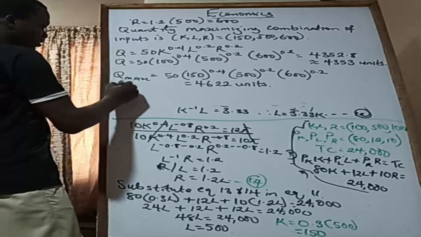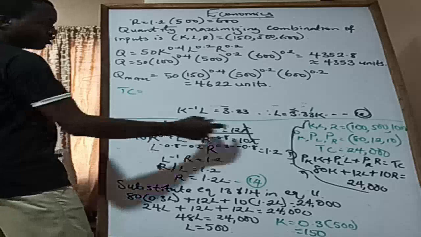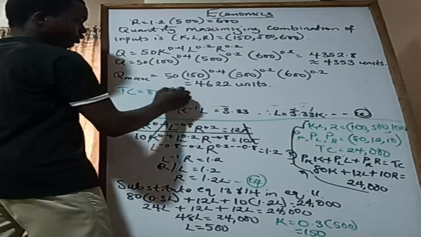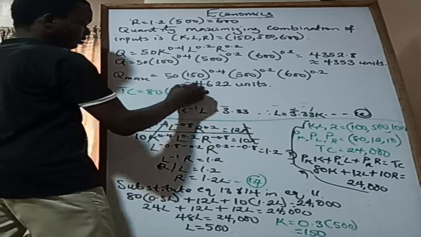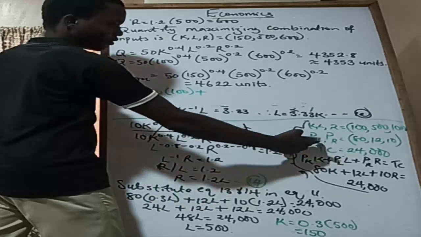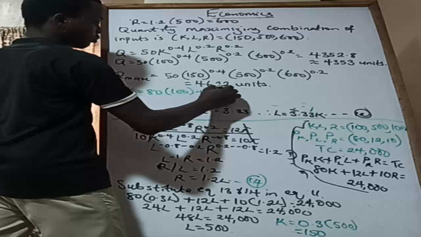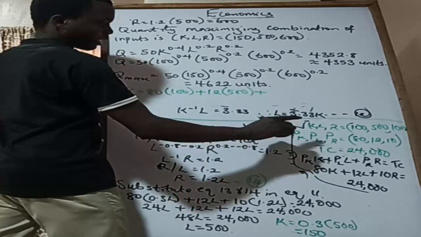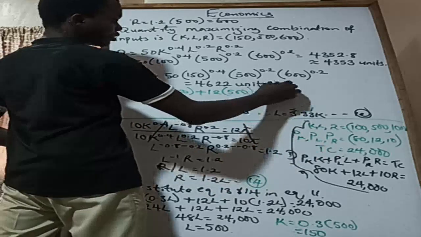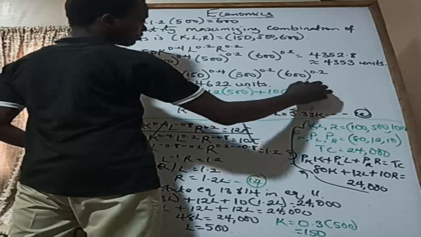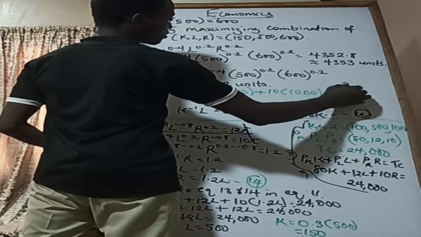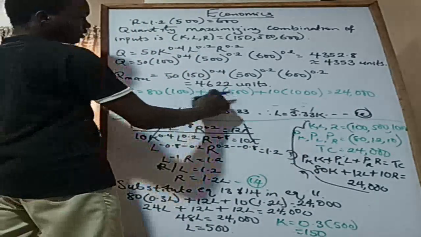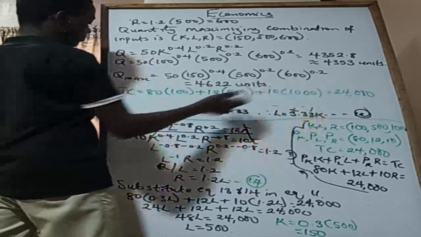Normally our TC before maximization would be the price of capital, 80, multiplied by units of capital, 100, plus the price of labor, 12, multiplied by the units of labor, 500, plus the price of land, 10, multiplied by the units of land, 1000. When you do this, you get 24,000. This 80 times 100 is 8,000 plus 6,000, that's 14,000, plus 10,000, that's 24,000.